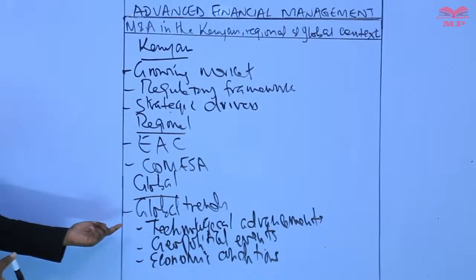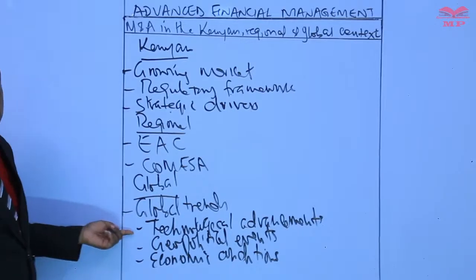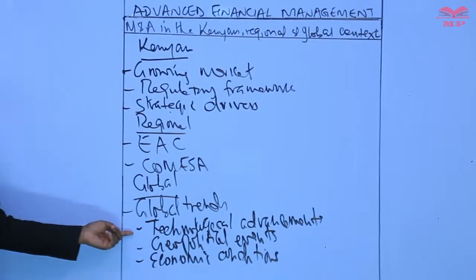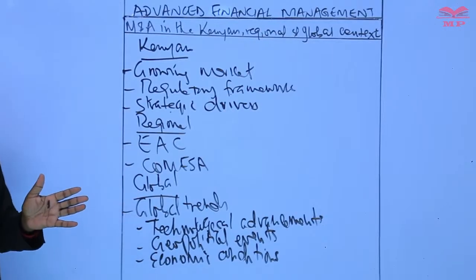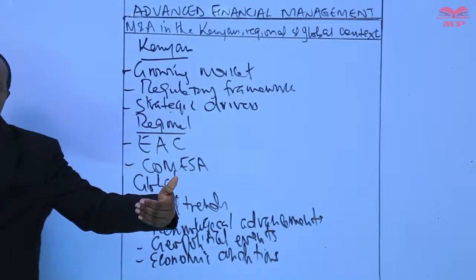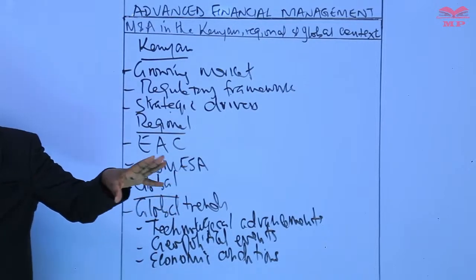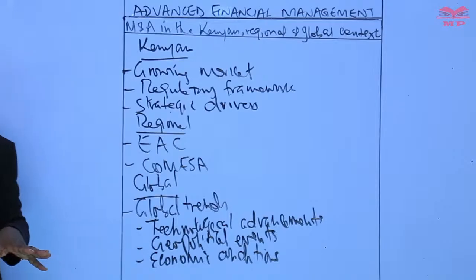I've talked about the technological influences. We have global technological advancements which are driving mergers and acquisition activities. Companies are merging to gain access to new technologies and also digital platforms. So do you understand, candidates?